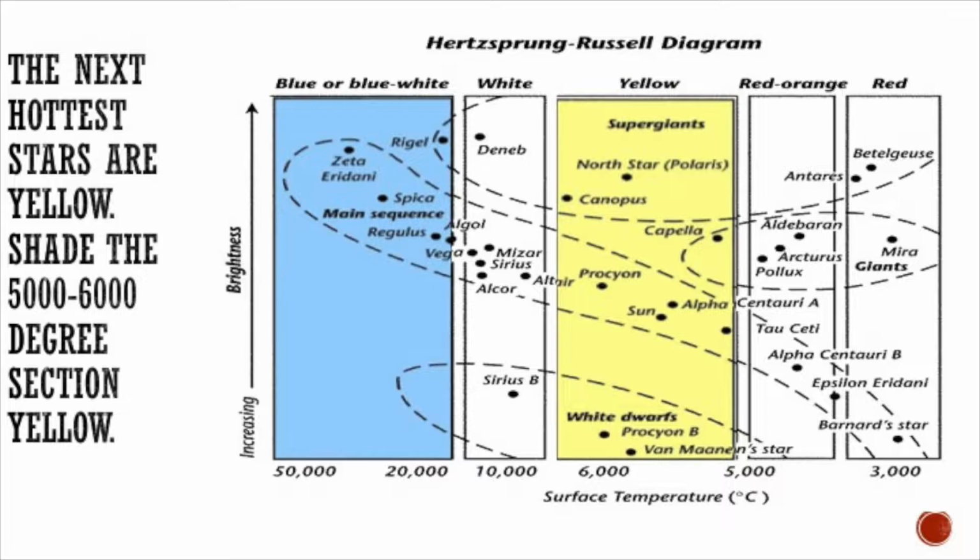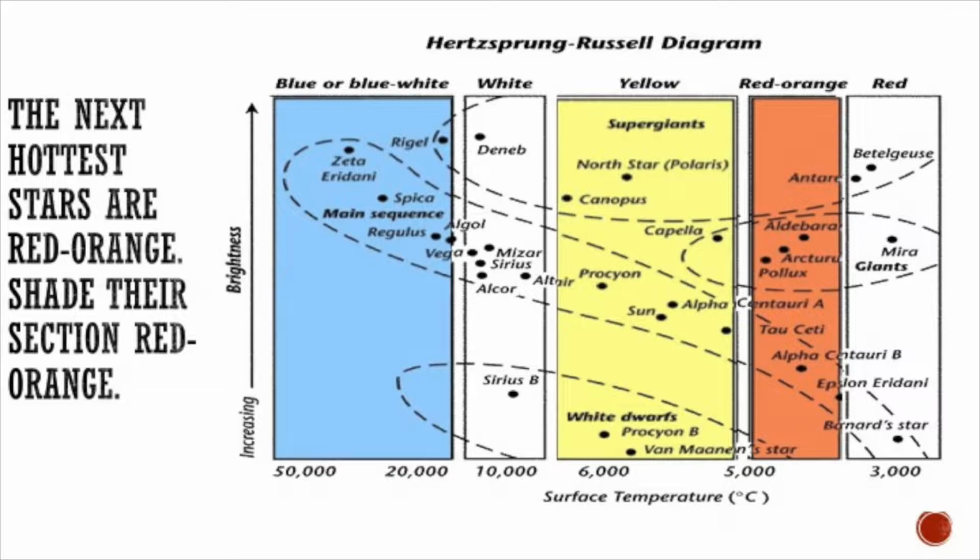Our middle of the road or average temperature stars, which include our sun, are going to appear to be yellow. If you notice, our sun is right there. Also, this section in the middle, that diagonal section that starts with Barnard star and goes all the way up to Zeta Eridani, those are our main sequence stars.